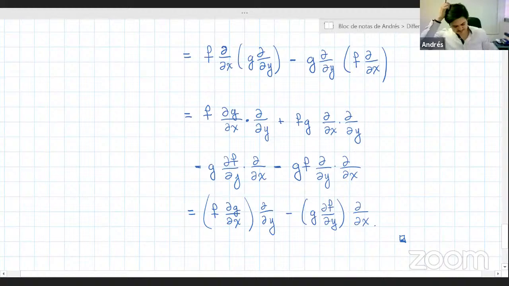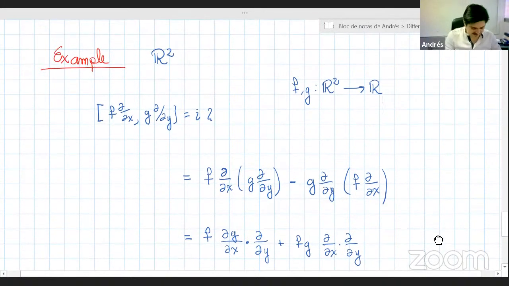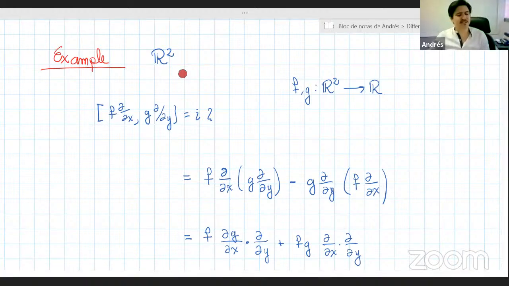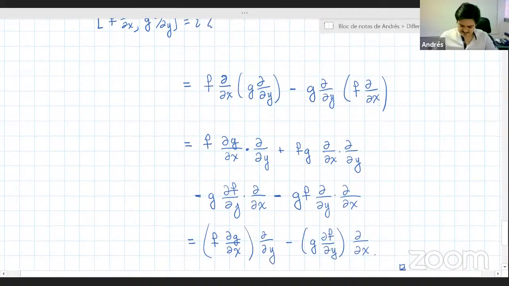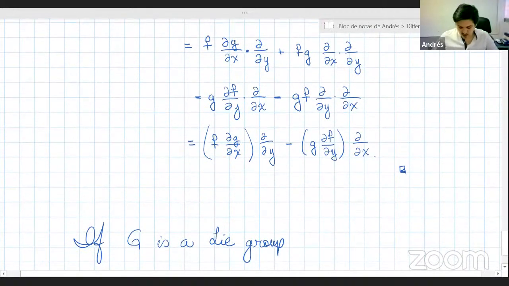Nice. Okay, now again, I just needed an easy example. All of the features here are the most relevant. So if you're given vector fields in Rn explicitly, you can compute the Lie bracket with no problem.